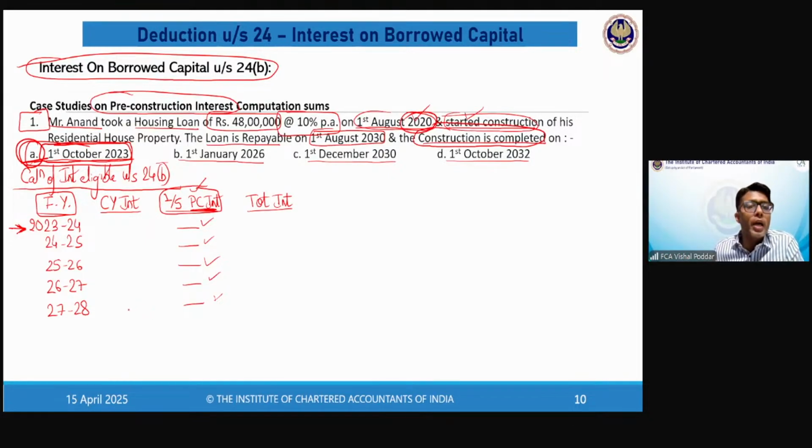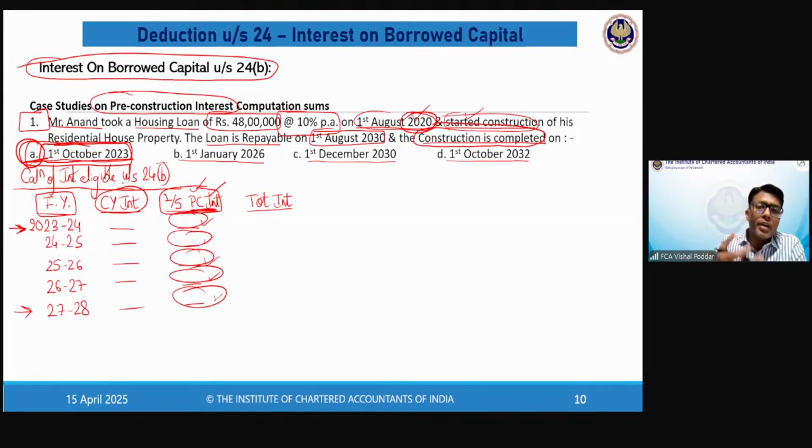The answer is till the year I'm expected to have interest. See, we have two types of interest. One is the current year interest and one is the pre-construction. Pre-construction will go up to 5 years compulsorily because it is allowed in 5 installments. But the current year interest, the interest applicable to that year, I will be getting deduction till the date I am paying it.